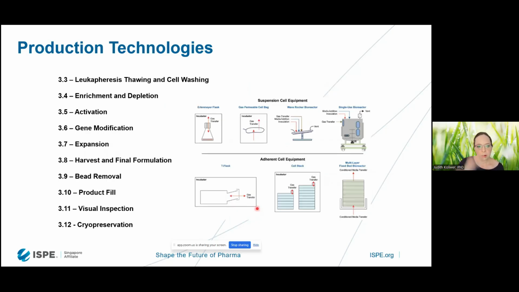So if we think about our process, and we just ran through it, there are a few considerations that we really wanted to highlight. For example, when it comes to the leukapheresis thawing, obviously we would usually receive or store our frozen cells. Now we have to thaw them, and mainly there have been two ways that we have been discussing.